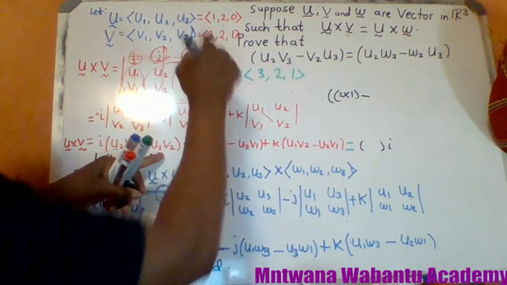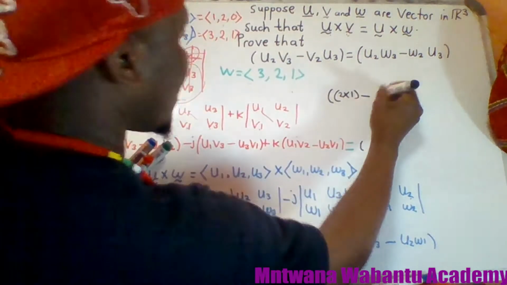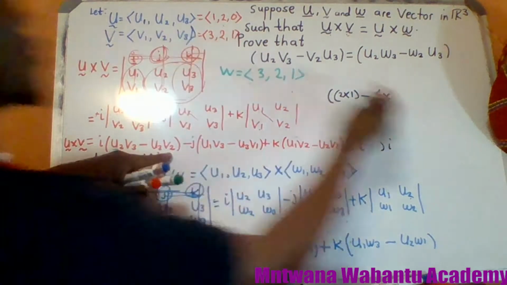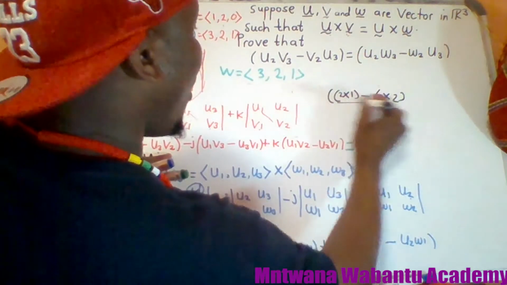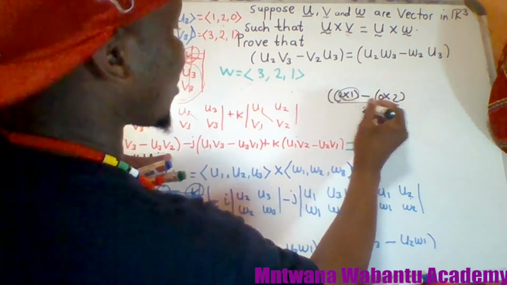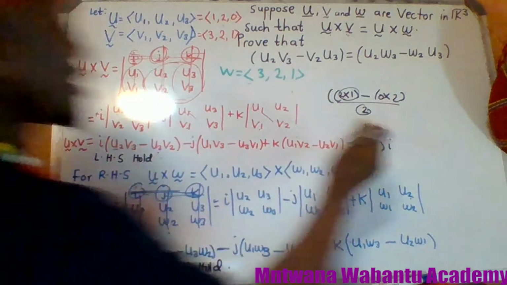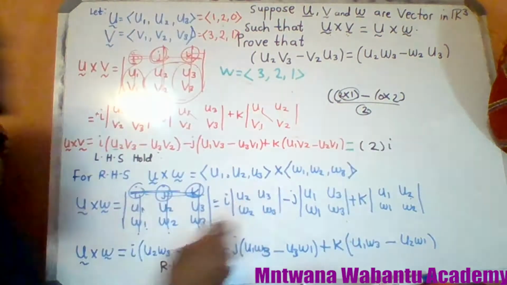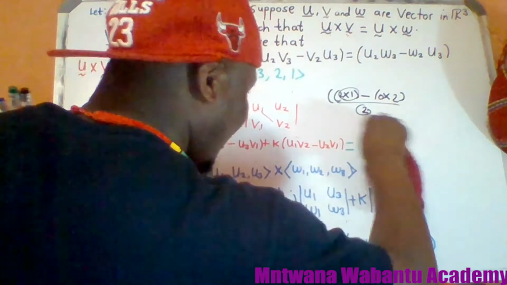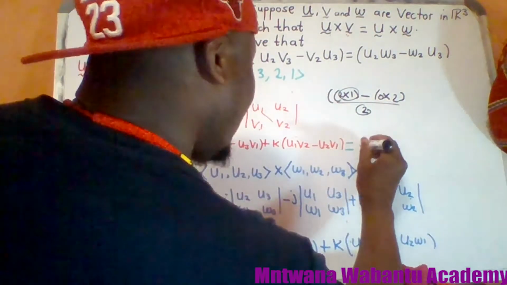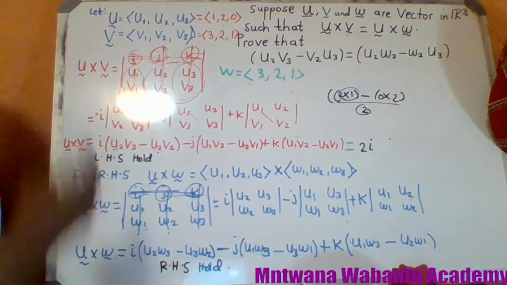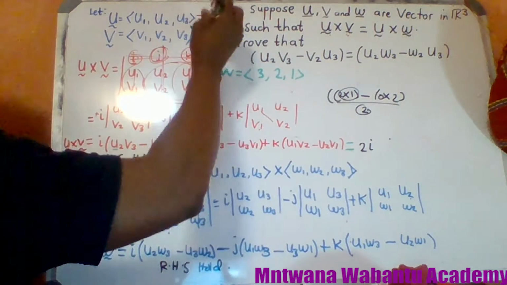V3 equals 1, so 2 times 1, minus U3 times V2. U3 is 0, and V2 equals 2. So 2 minus 0 is 2. So here is going to be 2i.